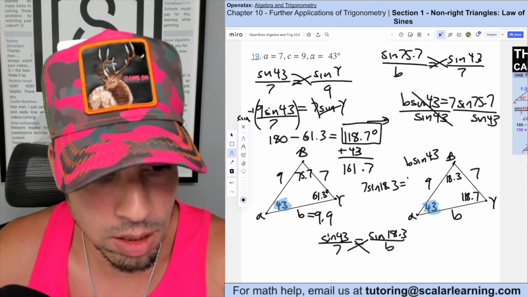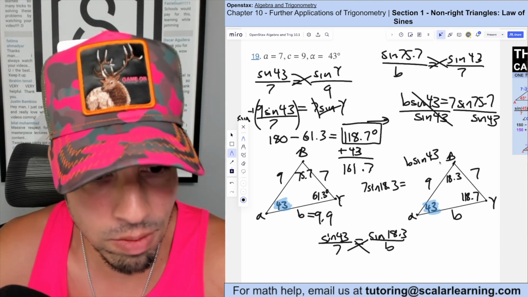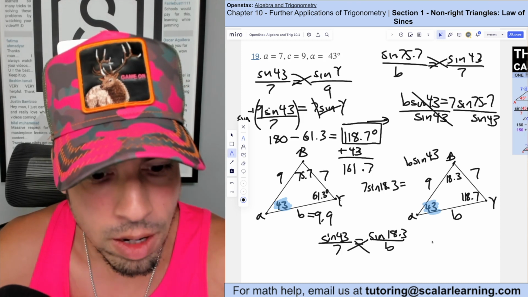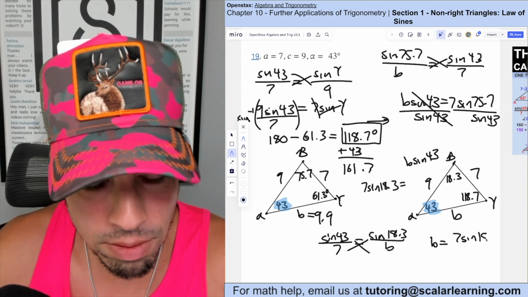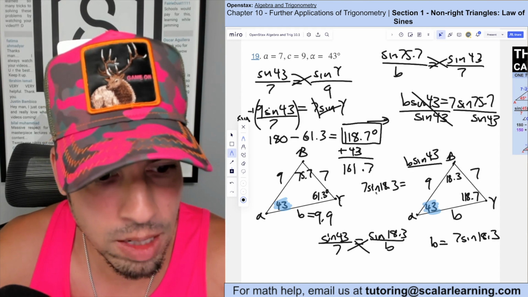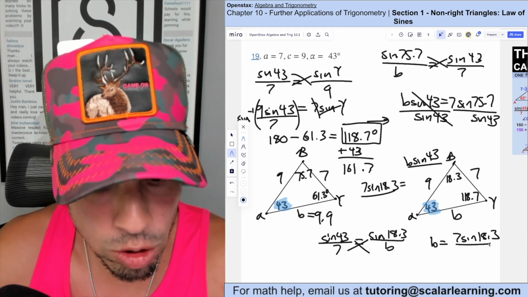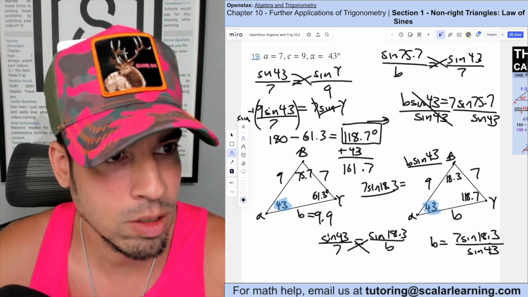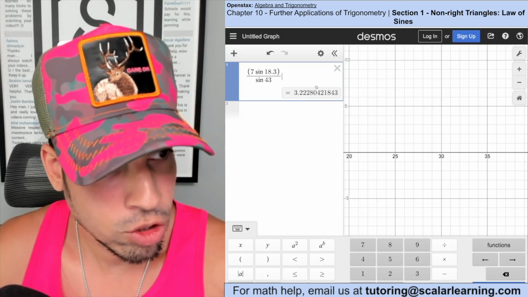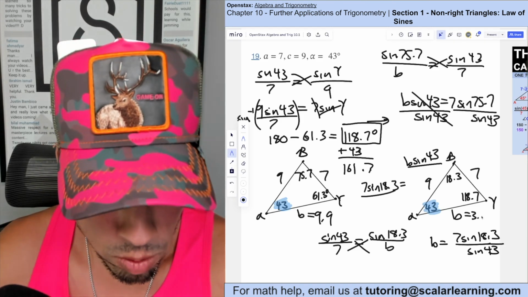Sorry, I know this is not lining up nicely, but then last up we divide both sides by sine of 43, and we get b equals 7 sine of 18.3, right? I'm dividing both sides by the sine of 43, so we just get sine of 43 underneath. Let's plug that into Desmos. And here we get 3.2. So for this triangle, it would be 3.2.